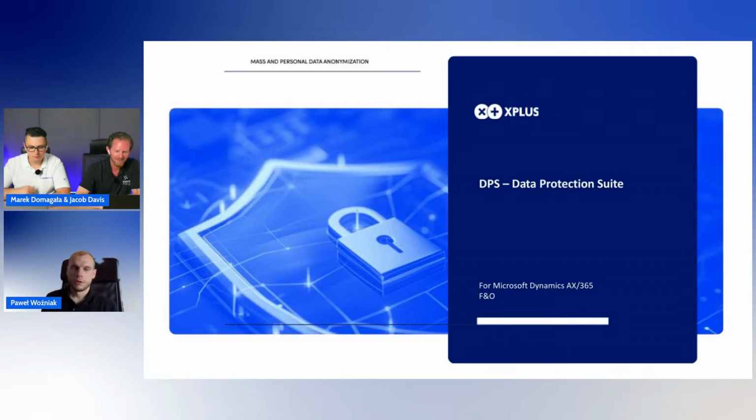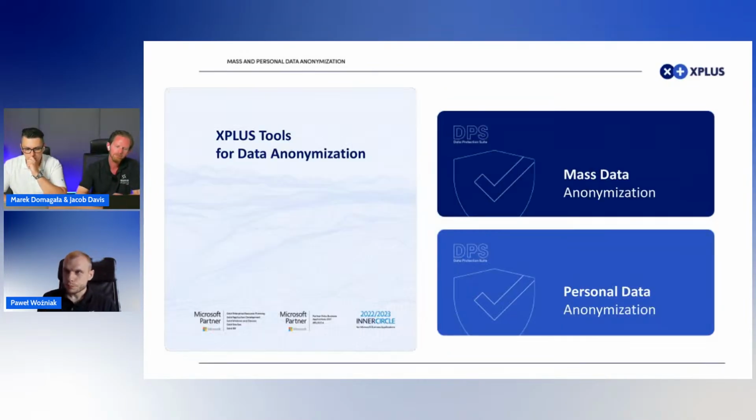Sure. I will show you what we have for data anonymization and why it is important to have it, especially for testing reasons. I will walk through the two products and tell you how they work. In a bundle, we call our suite the data protection suite. It is a combination of two separate products, which we can have in a bundle or use separately. The first product is mass data anonymization.